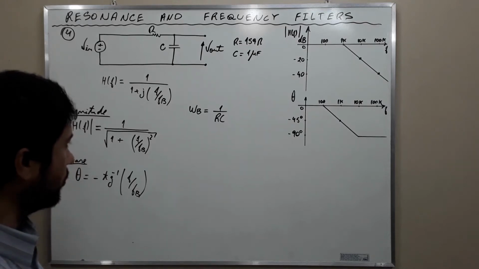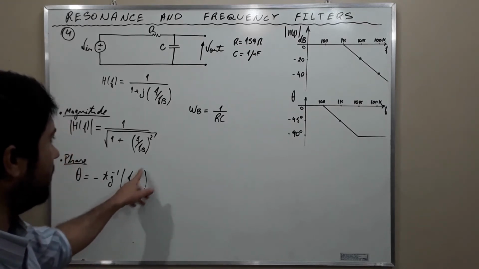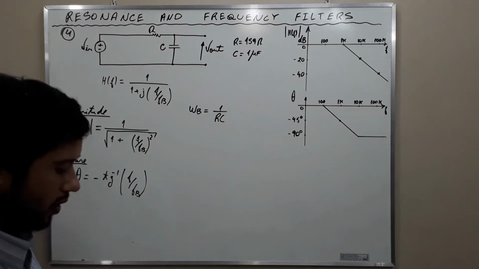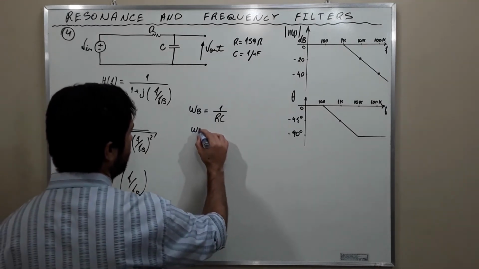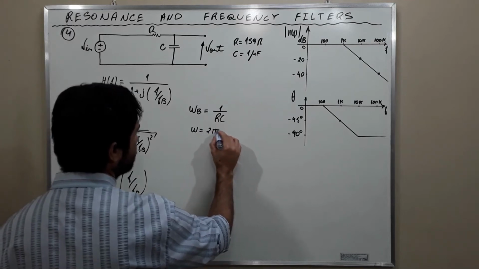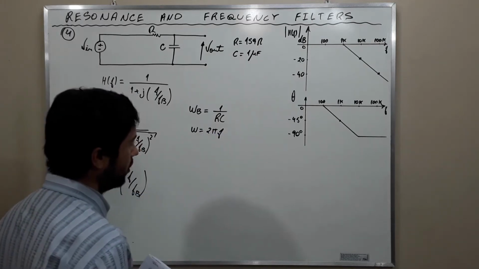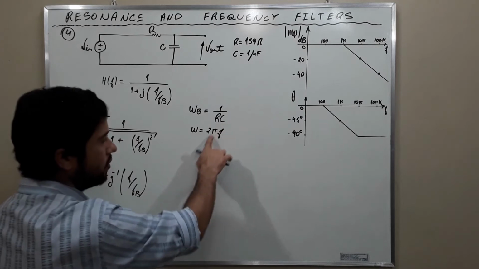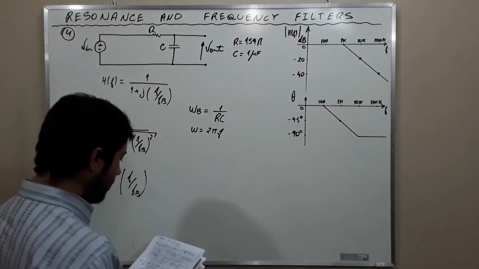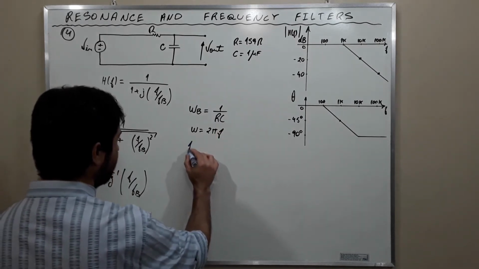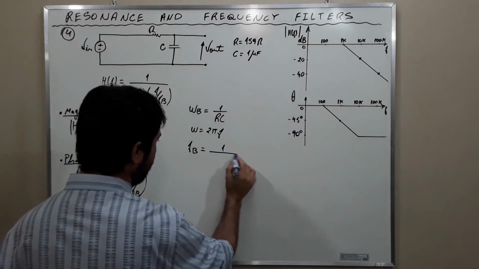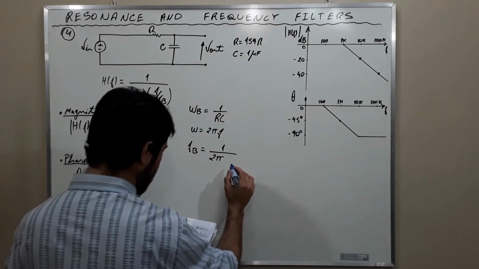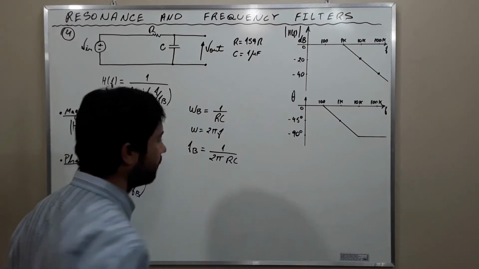But we are using F instead of W. Then we know also that W is equal to 2 times pi times F. Dividing this by 2 times pi, we know that FB is equal to 1 over 2 times pi times RC.